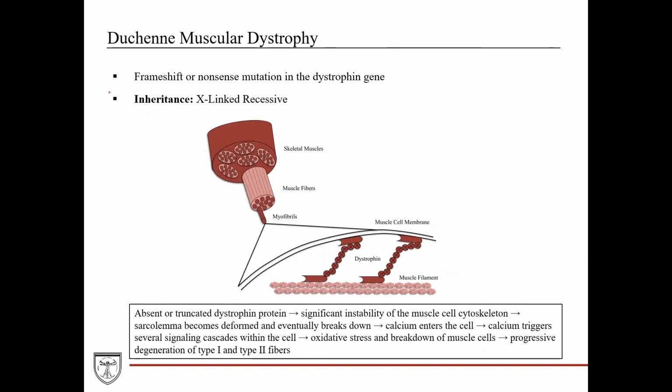The most notable muscular dystrophy is Duchenne muscular dystrophy, and this is due to either a frame shift or a nonsense mutation in the dystrophin gene. If you remember, we talked about the different types of mutations in Unit 1, but just to refresh your memory, a frame shift is when you either insert or delete a nucleotide from a gene sequence.